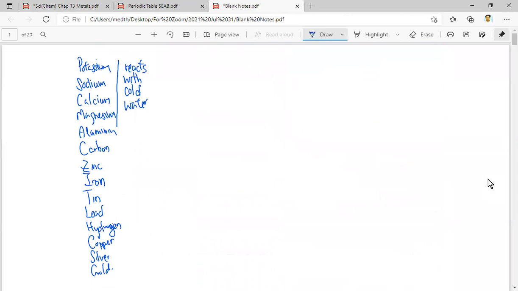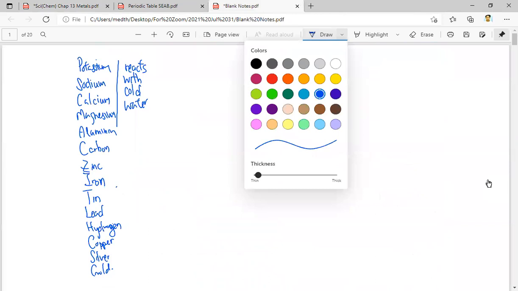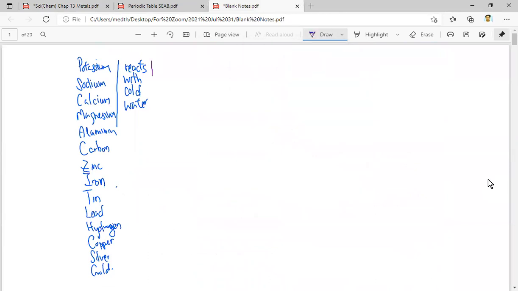So let's go back to this. All the way until iron, it can react with steam. Let's use a different color. From the first element all the way until iron, reacts with steam. How many react with cold water? 4.